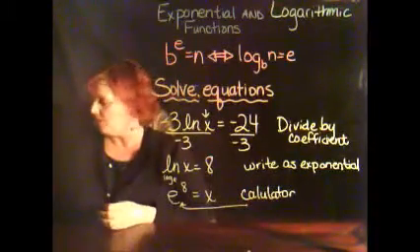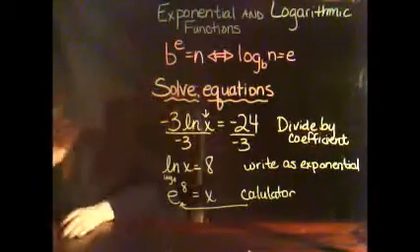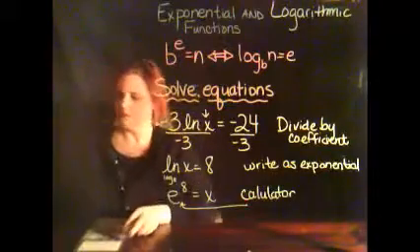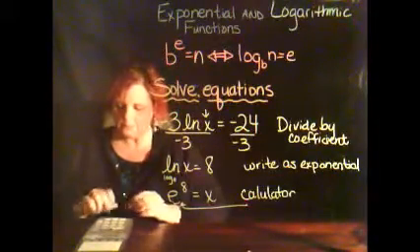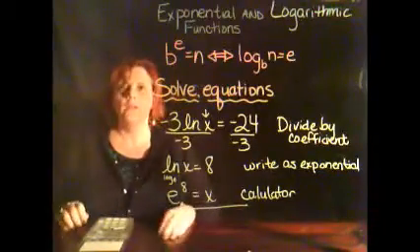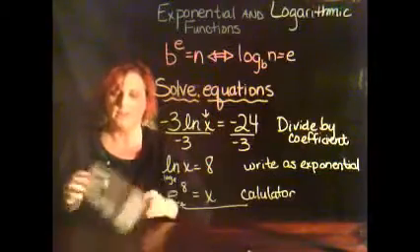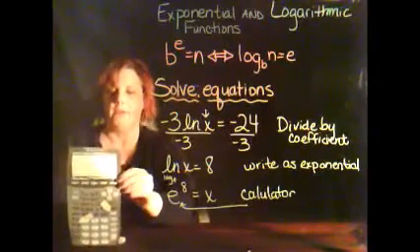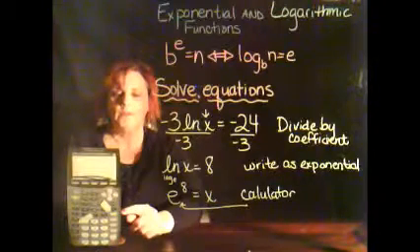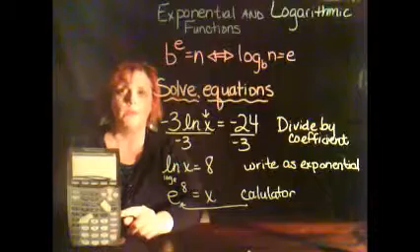And I don't know if you remember me telling you, there are 2 places on your calculator where you can type in e. So take a look at this. Underneath the exponent button, if you go to second, there is a button that says e.